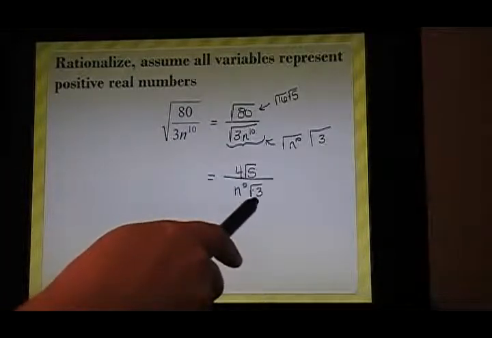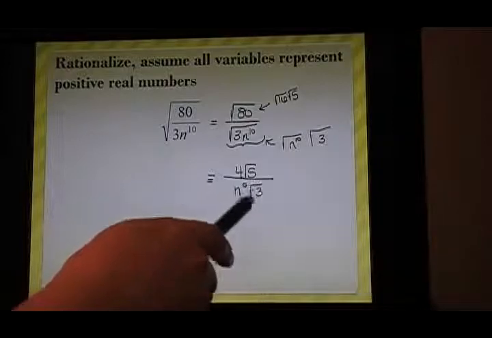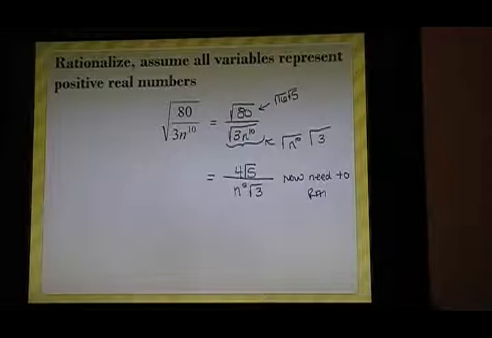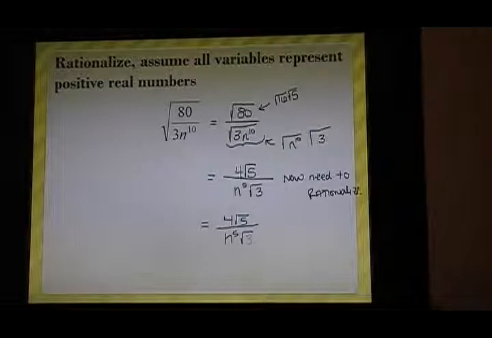In this case, it is going to be necessary to rationalize. And so, in terms of rationalizing, I have to multiply. So let's write that. So now we need to rationalize. And so I'm going to rewrite this, just for your notes so you can see the different steps that we took.